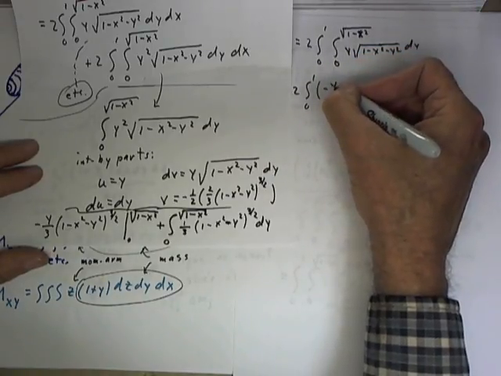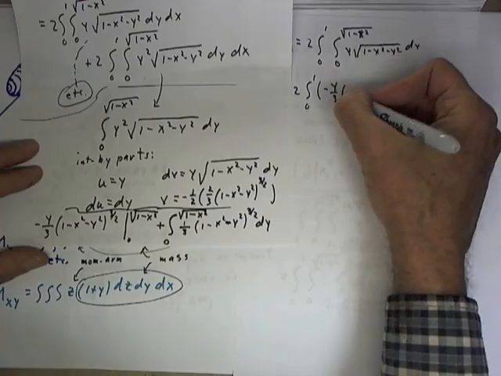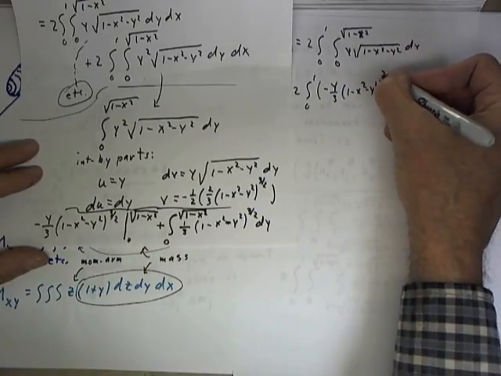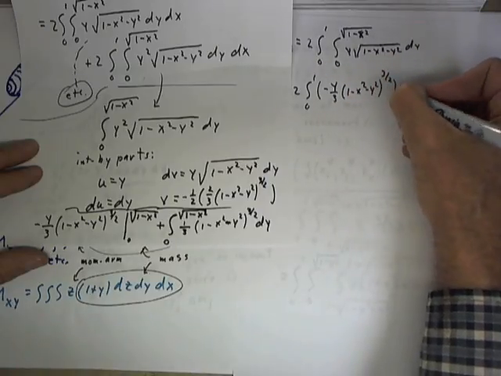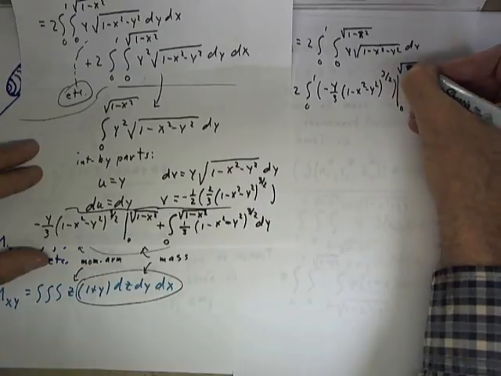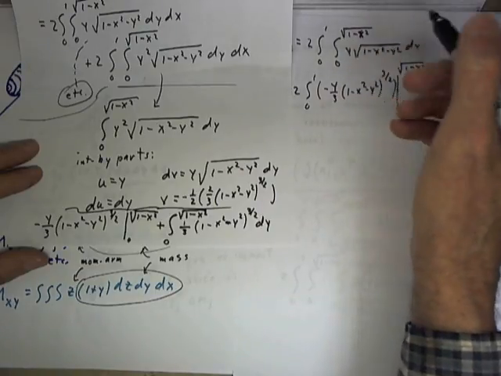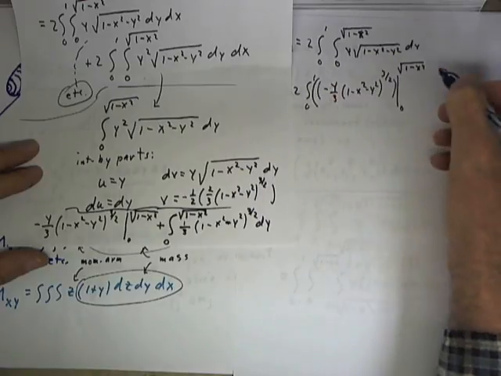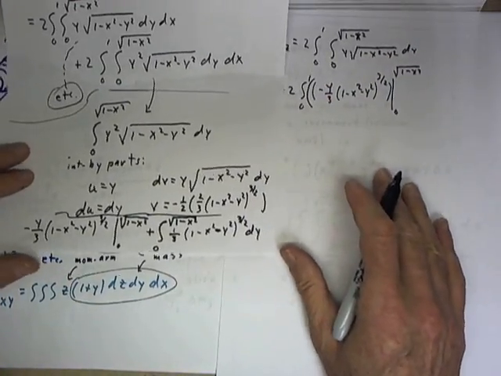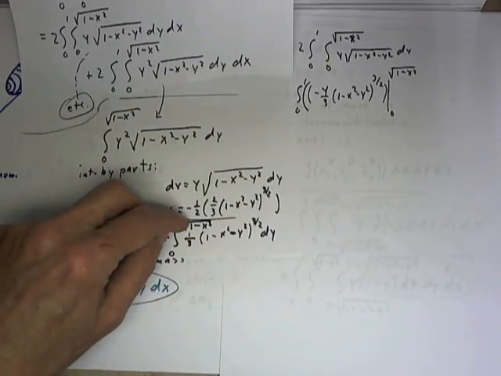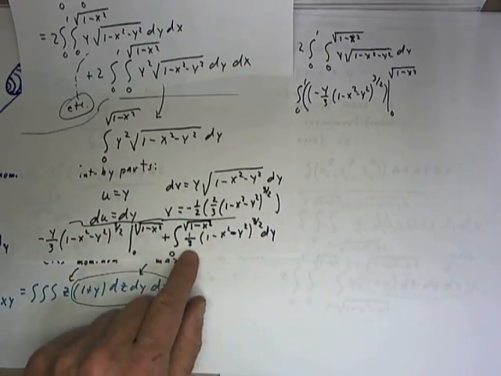That's negative y over 3 times 1 minus x squared minus y squared to the 3/2, all evaluated between 0 and the square root of 1 minus x squared. And let's get another set of parentheses out here because we have another integral to write down.